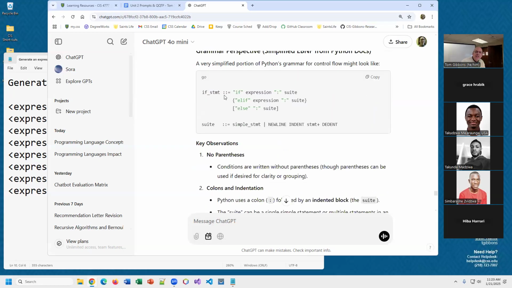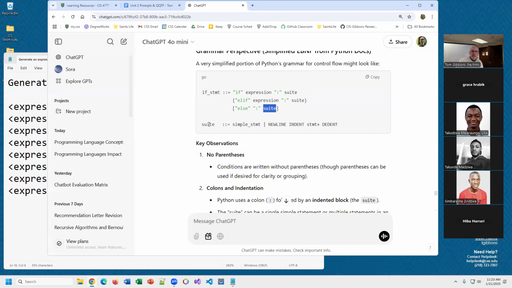This is how mine did it. An if statement is the word if, and then an expression, and again, I think this should be a Boolean expression, and a colon, and then the suite, then elif expression colon and suite, and else colon and a suite. So this is kind of like a block here.